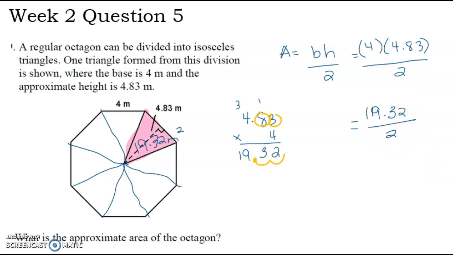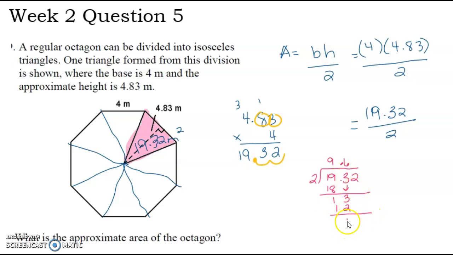Again, I do not know how to do that in my head, so let's go ahead and do some work. So we have 2 into 19.32. 2 cannot go into 1. Oh, I'm going to bring up my decimal. 2 can go into 19 9 times, and that gives me 18. Bring down my 3. 2 can go into 13 6 times. 2 times 6 is 12.